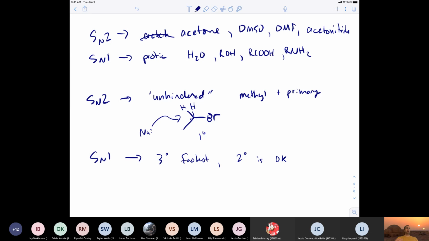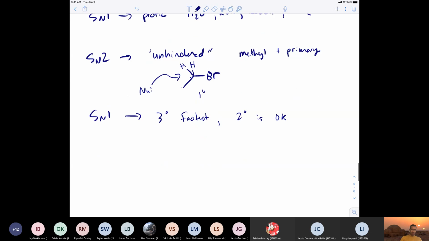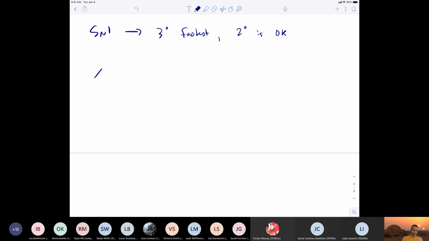If I gave you a reaction that looked like this, and asked you what the mechanism was, you'd have to put these pieces together. You see NaCN, and what's the first thing you should think every time you see sodium?